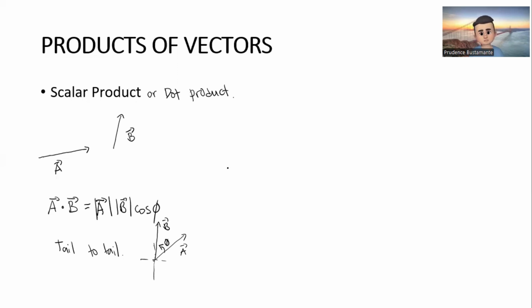Phi is just the angle between A and B. So A dot B is equal to AB cosine of phi, where A and B are the magnitudes, and phi is the angle between A and B.